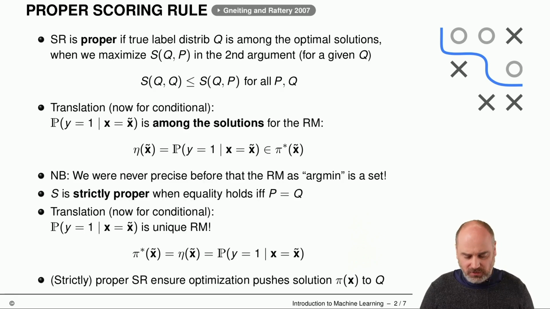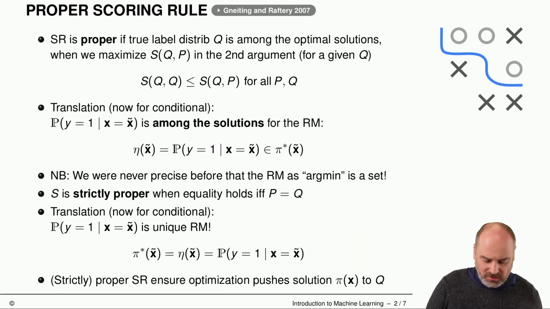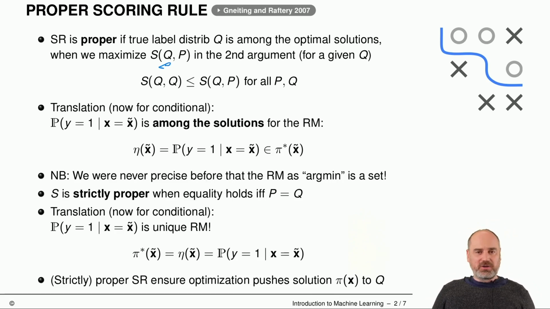So that sounds difficult, but it really is not. The thing is, we pick some arbitrary distribution Q because that's our label distribution, right? That comes from our data generating process. It's some arbitrary label distribution that we have no control over. But we do have control over this predictive distribution, and our loss function should guide us towards finding an optimal one, right?